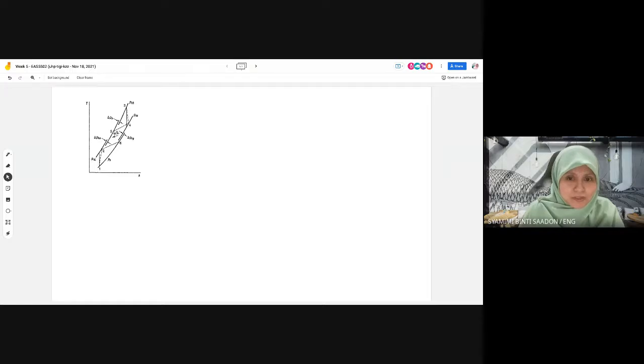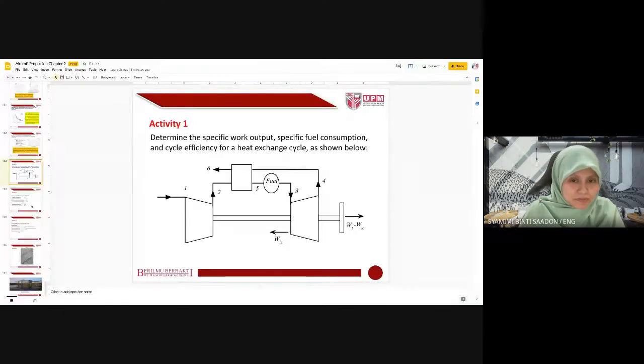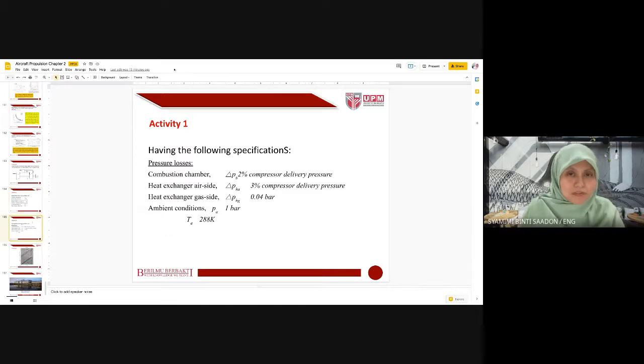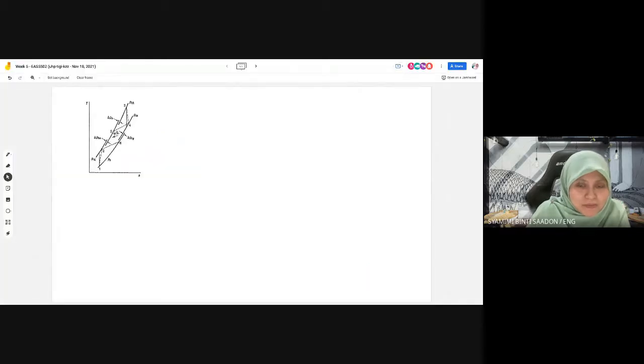Okay, first part, maybe we can start from here. From point number one, from the intake at inlet.